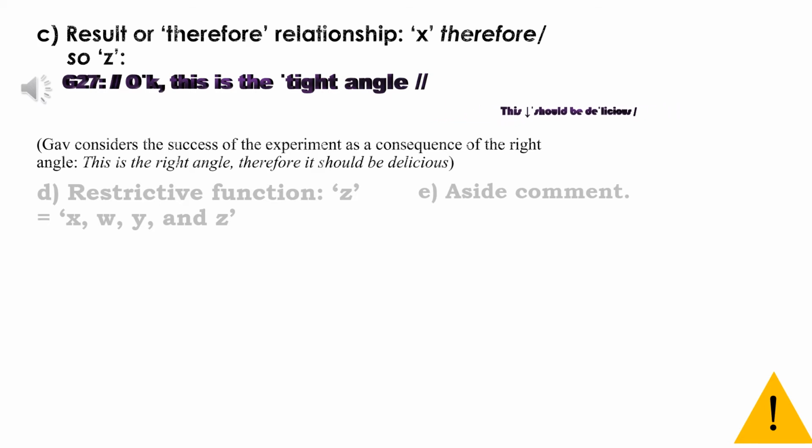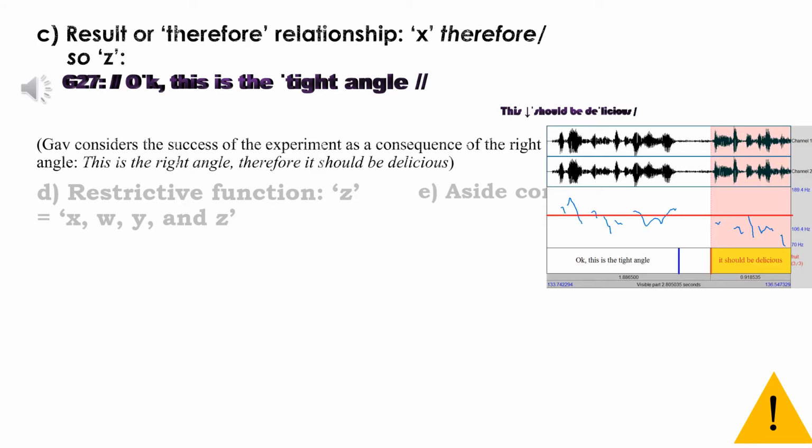Okay, so if we see this in the Praat graph below, we can see that the second tone unit has been produced, on average, at a lower pitch level than the first tone unit.